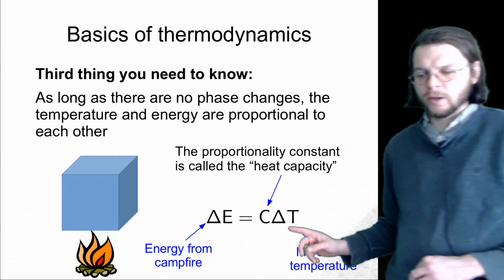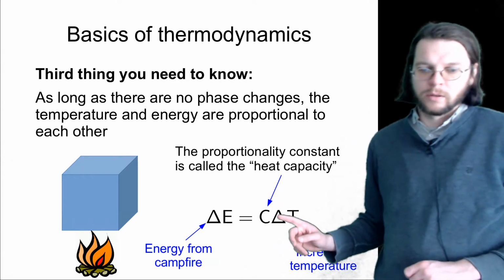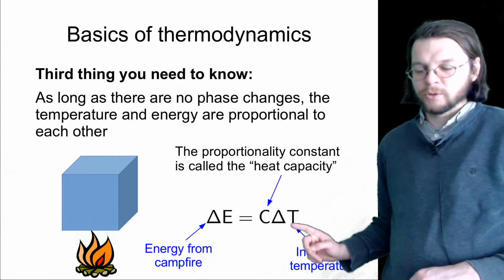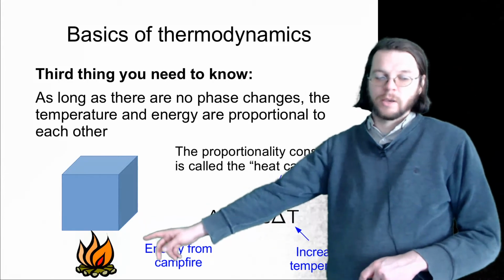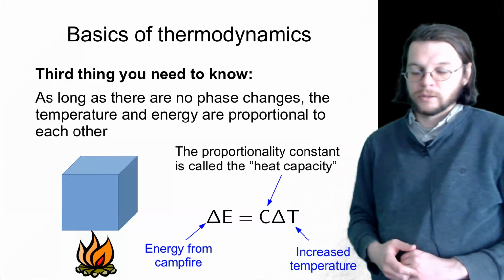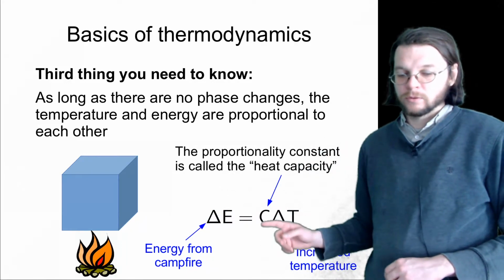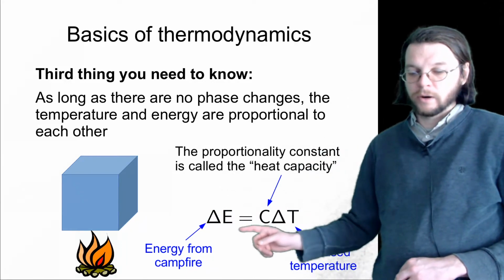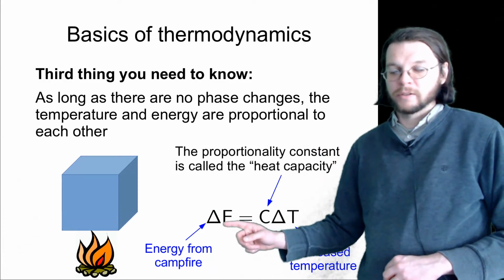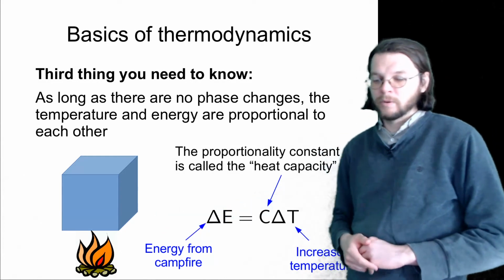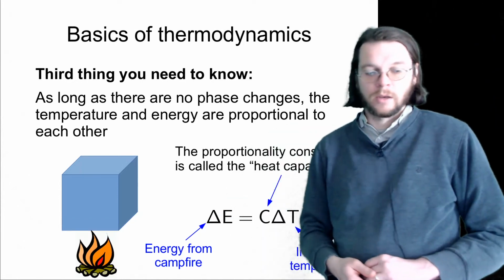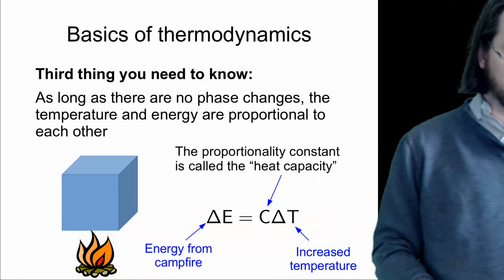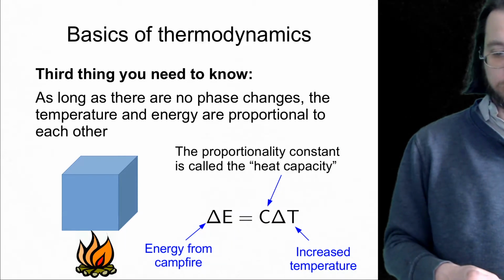So there's a whole class of problems: if I want to increase the temperature by 10 degrees, multiply this times heat capacity, and figure out how much energy from this campfire it took to do it. Or if I dump a certain amount of energy onto some sample, I can divide that by the heat capacity to figure out how many degrees it's going to increase the sample. We'll get into that a little bit later.